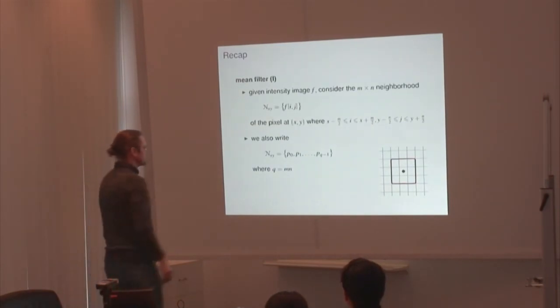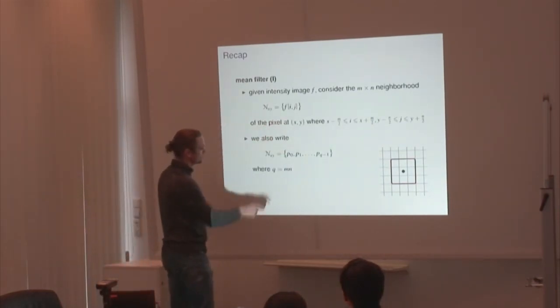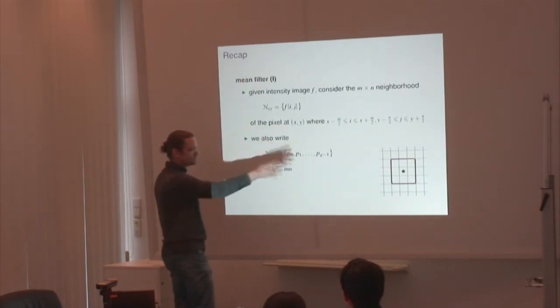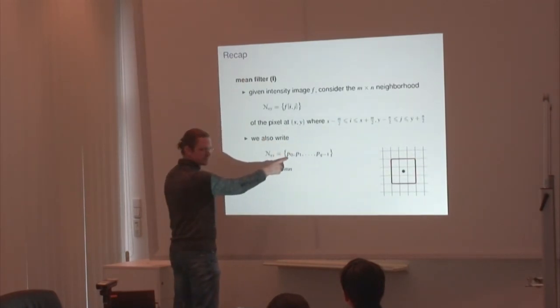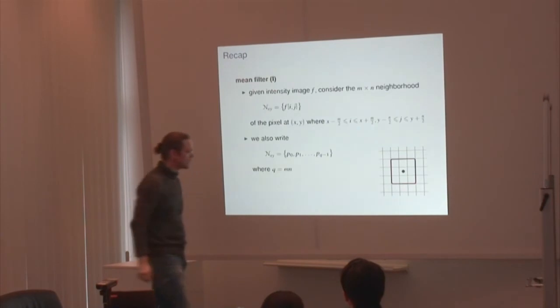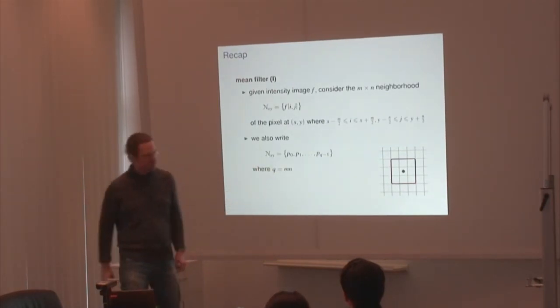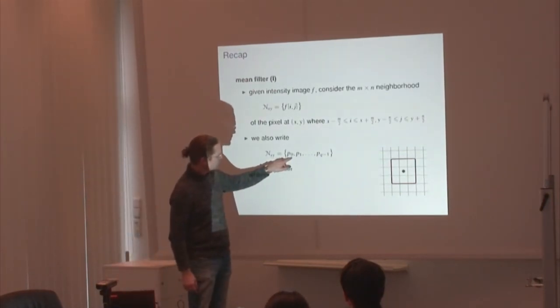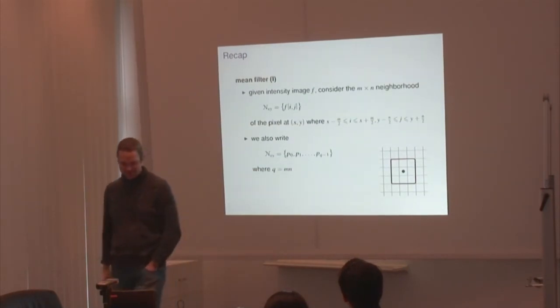And we may collect the values of these pixels and call them p_0, this is important, all the way up to p_(q-1), where q is m by n. And it's actually really important that this is a 0 and this is q minus 1.